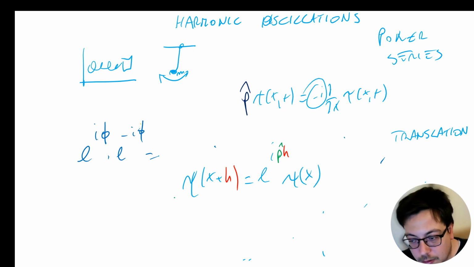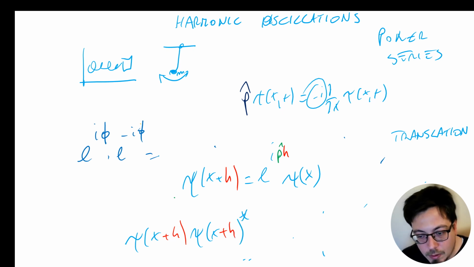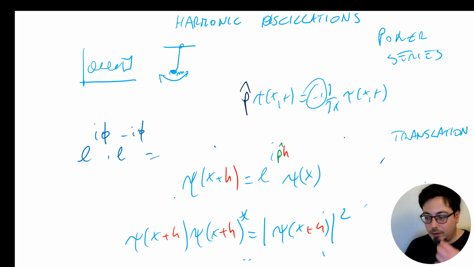Now let's multiply psi of x plus h by the complex conjugate of this one. And why am I doing this? Because this expression, if you remember the video on the complex number, is exactly the modulus squared of psi of x plus h, which is the probability, which is the physics of it, right? The wave function gives a probability.